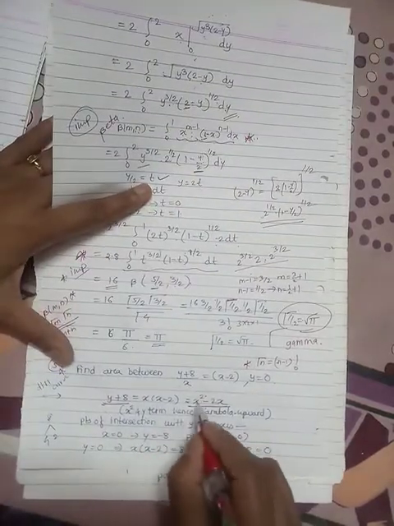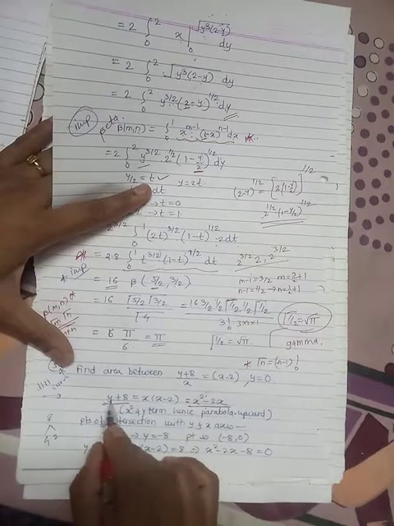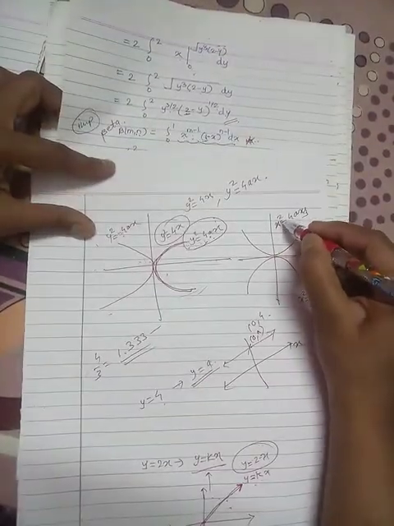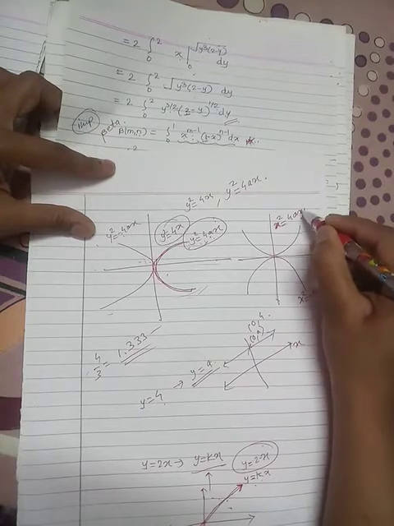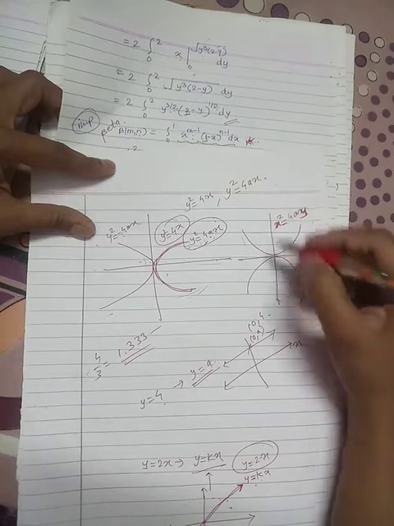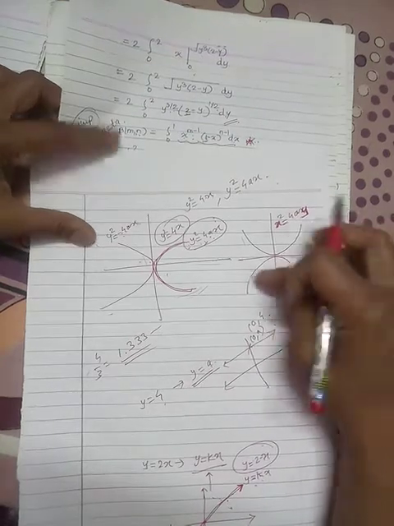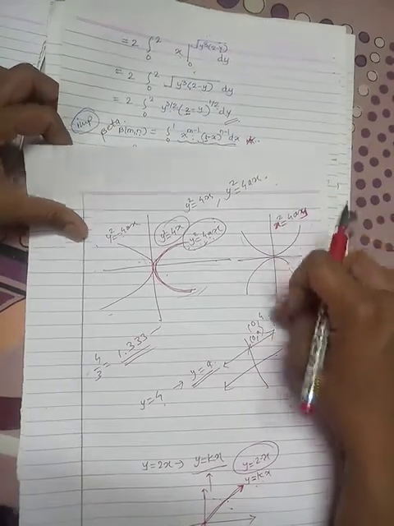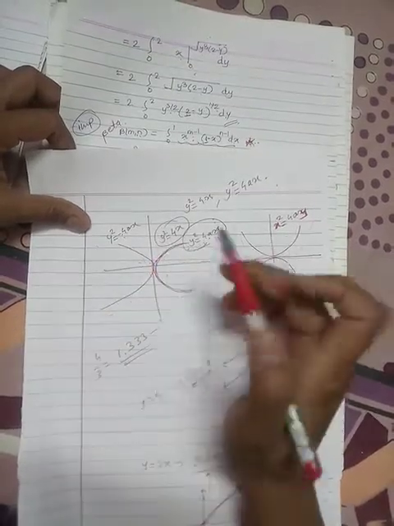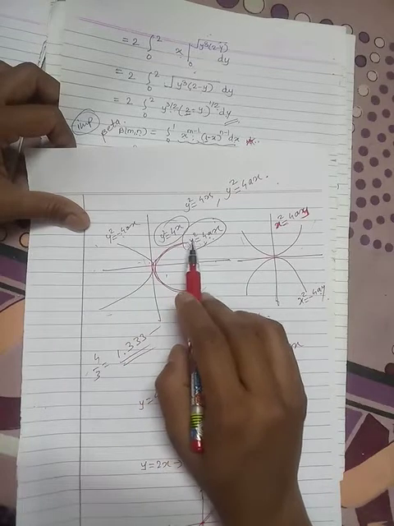Here an x square term is there and y is there. If an x square term and y are there, then that parabola opens upward or downward. So this is the type of parabola we have to draw, not the parabola which opens at the left and right side, because that type of parabola has the equation containing y square.